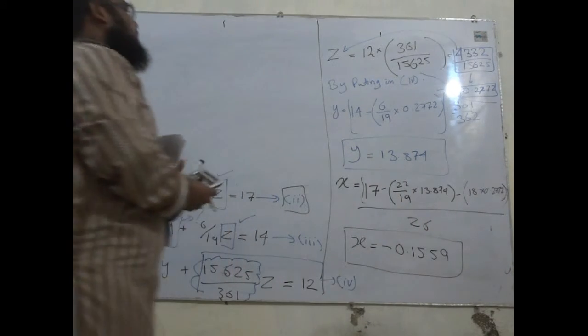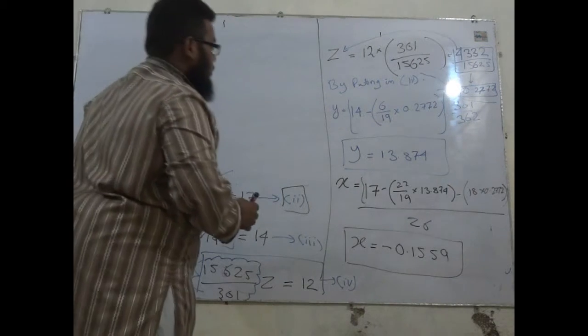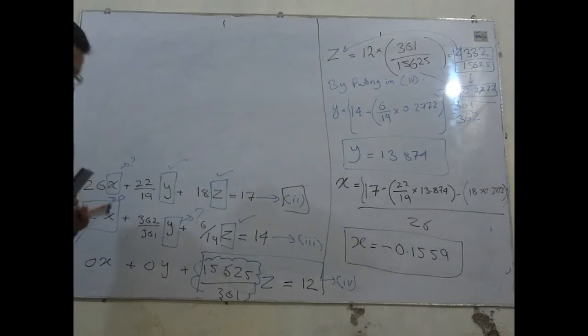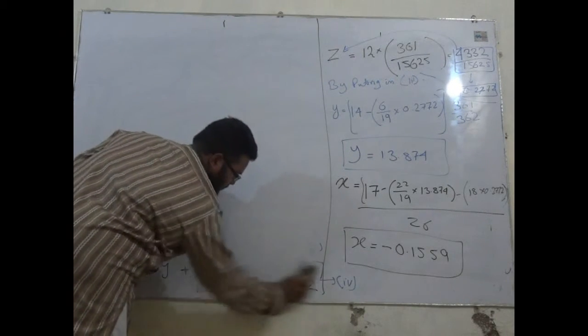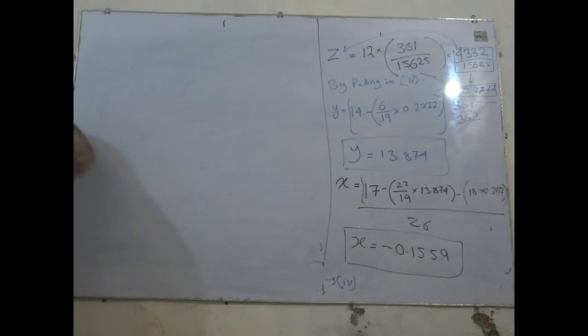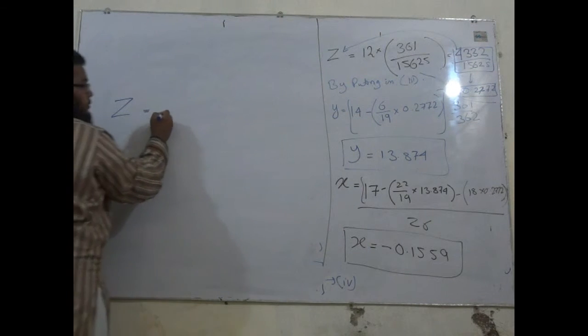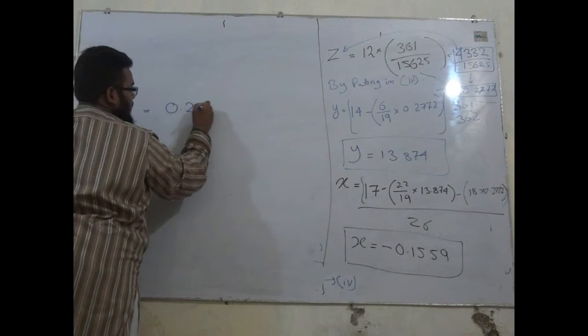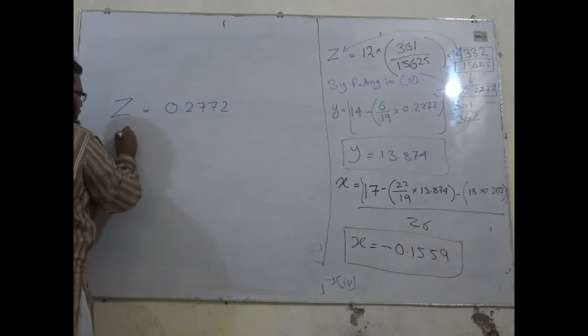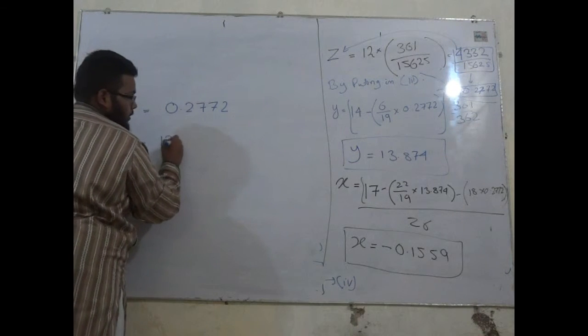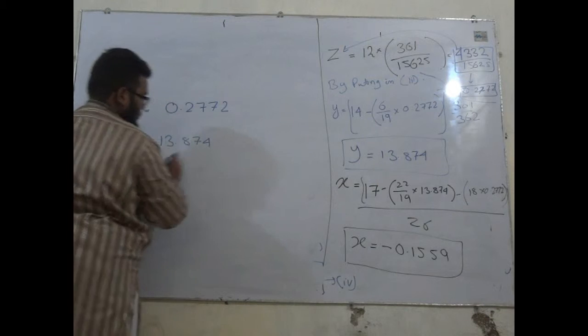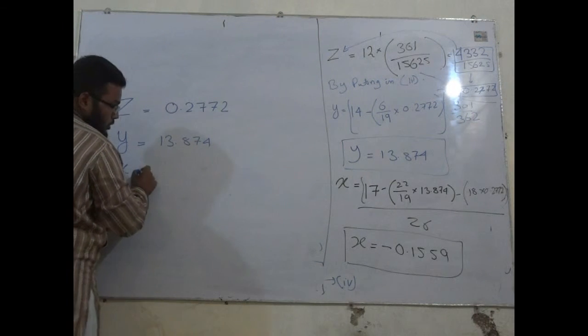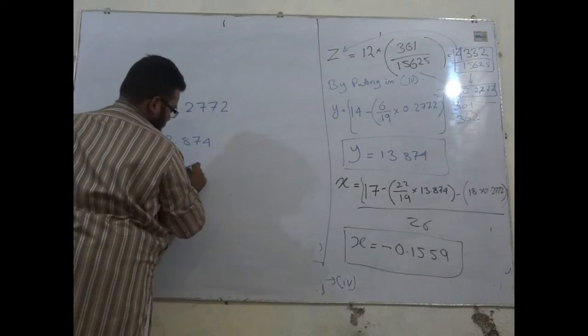Now, by using Cholesky, I am able to find the values. Here, finally, we have z is equal to 0.2772, y is equal to 13.874, and x is equal to minus 0.155.